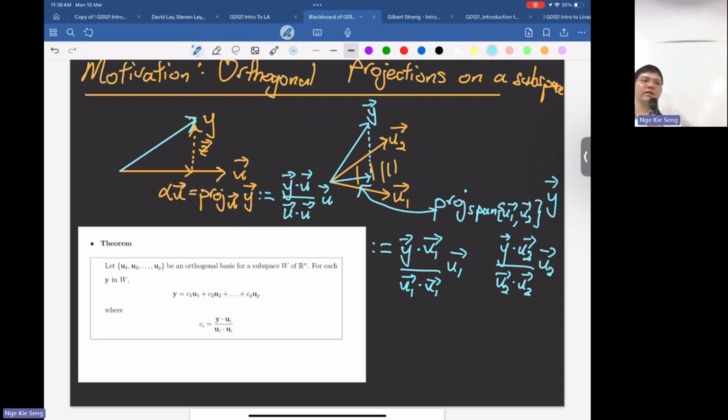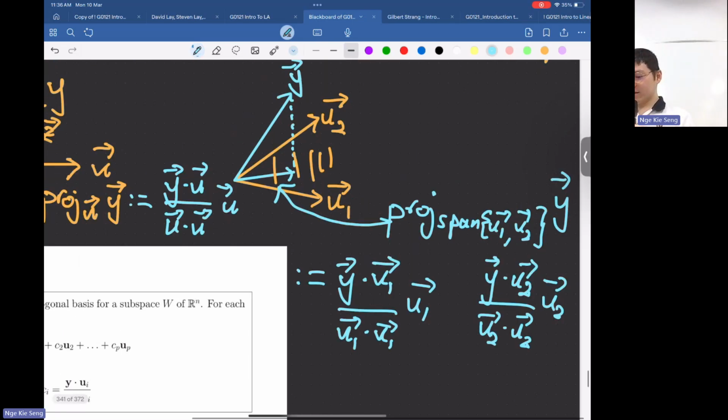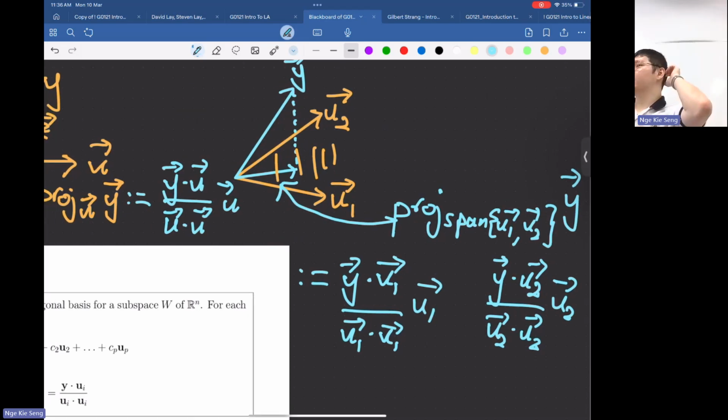Potentially we can form these two vectors here. But where do these two vectors live? Let's play around first. They are just scalar multiples of u1 and u2, right? So each should stay on the same line as u1 and u2. Maybe it stays on this line.